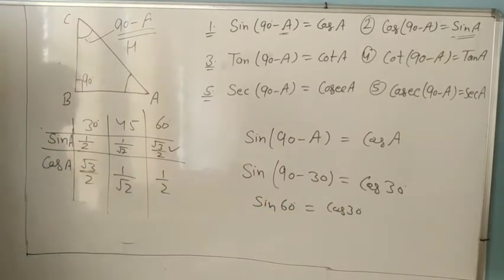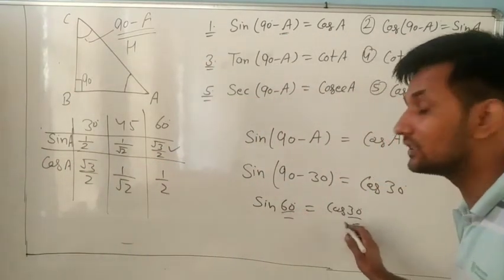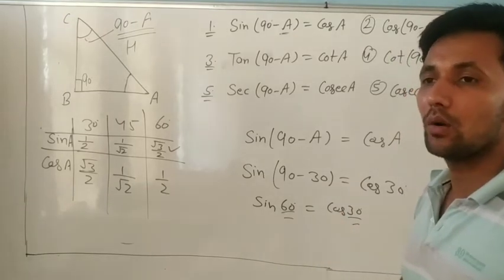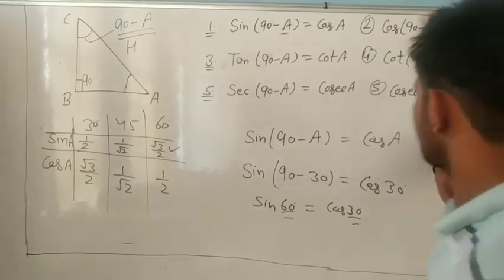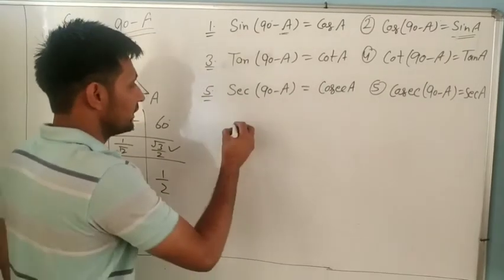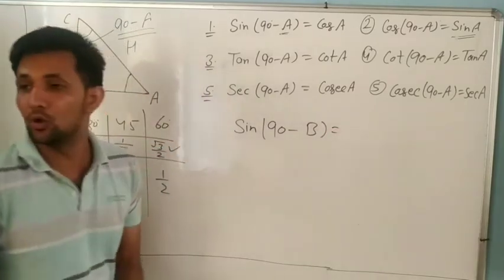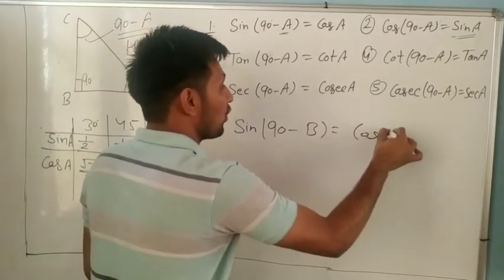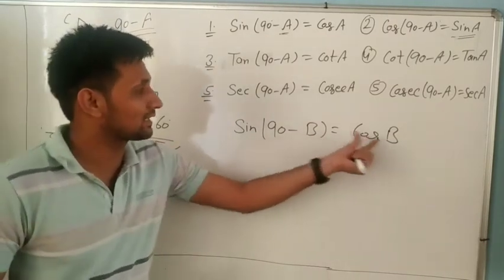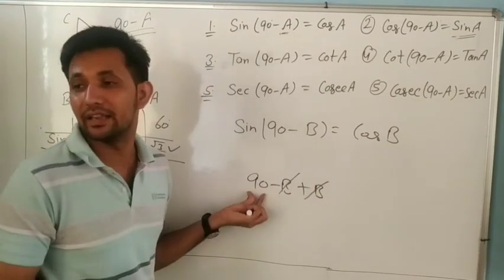So always remember dear, whenever the sum of the sine angle and cos angle is 90, like 60 plus 30, both are equal. Suppose I write here, sine 90 minus B is equal to cos of B. Okay, because the sum of both is how much? 90 minus B plus B is 90.